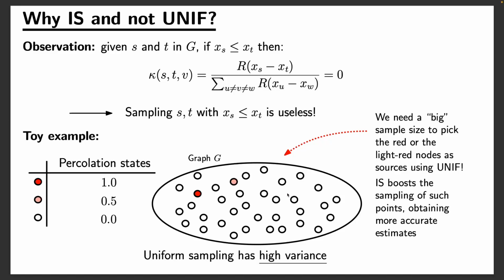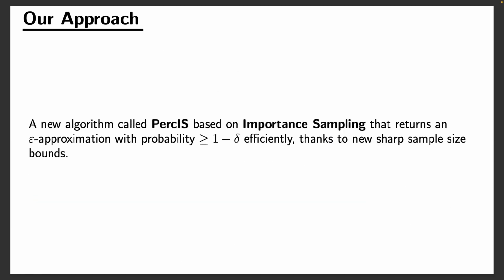While if we use importance sampling, we can boost the probability of picking these two nodes as source nodes for computing the percolation centrality. Moreover, using uniform sampling, we have high variance in our estimates, while with importance sampling, we lower the variance of the estimates.